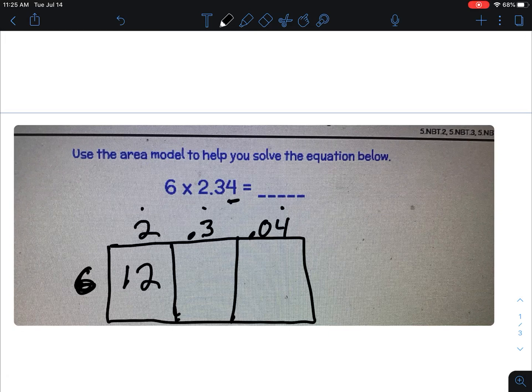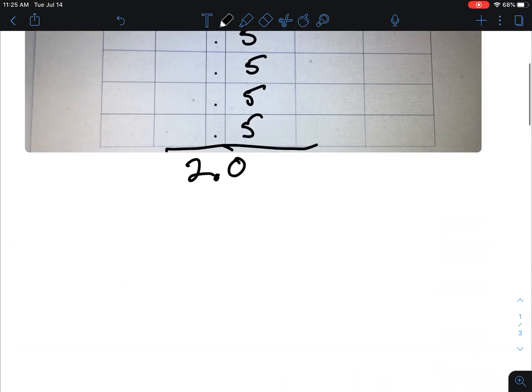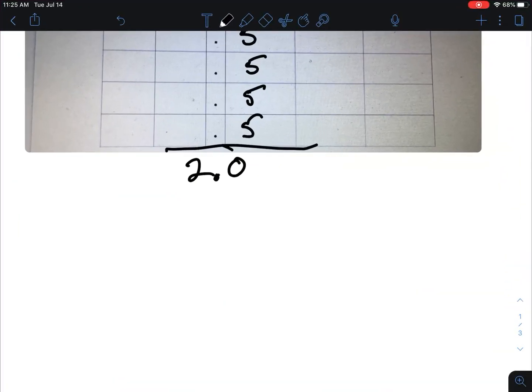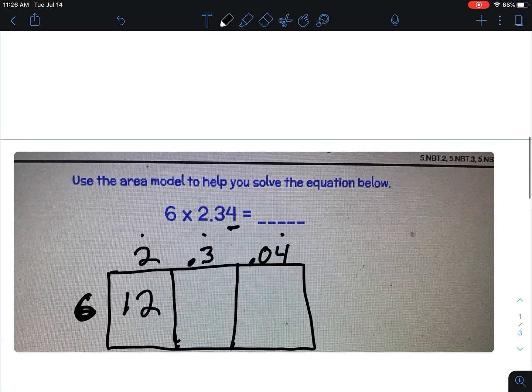So 6 times 2 is 12. No problem. Then you're going to do 6 times 3/10. You have an option. You can go back to the place value chart and do 6 3/10 and add them up.